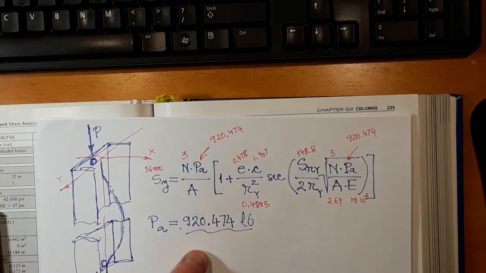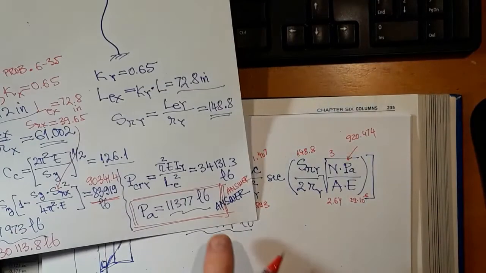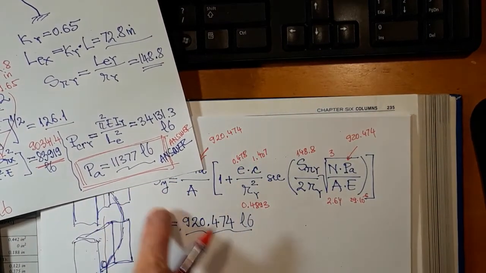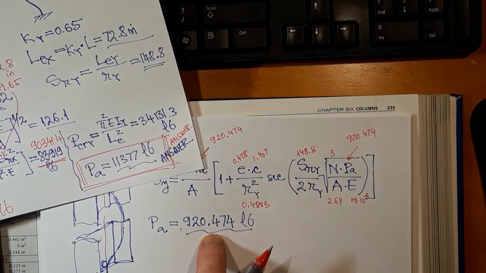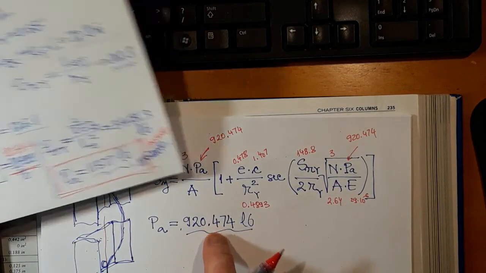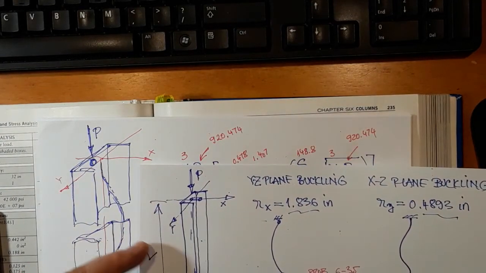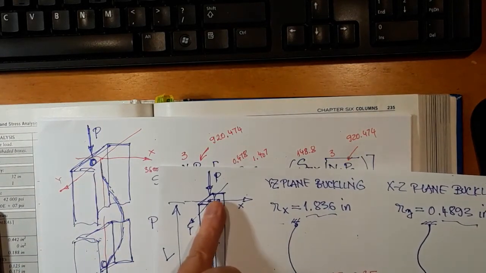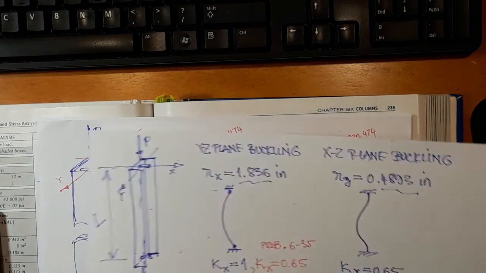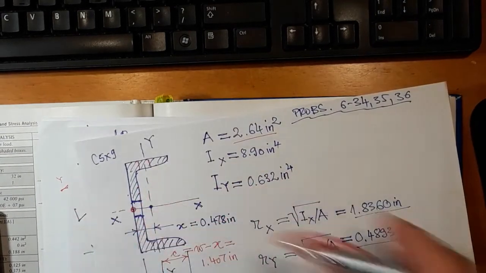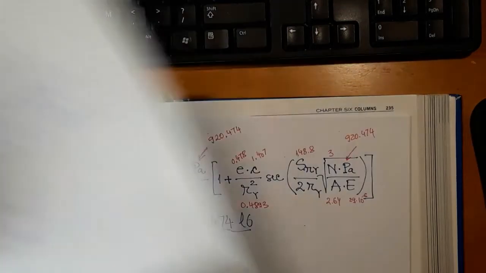In any case, if you compare the values, there is a substantial reduction, more than 10 times reduction in load carrying capacity if we have the load applied not centroidally, but less than half an inch off the centroidal axis of the cross section.